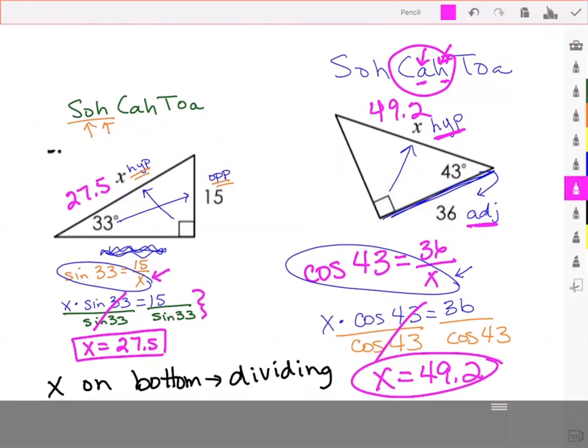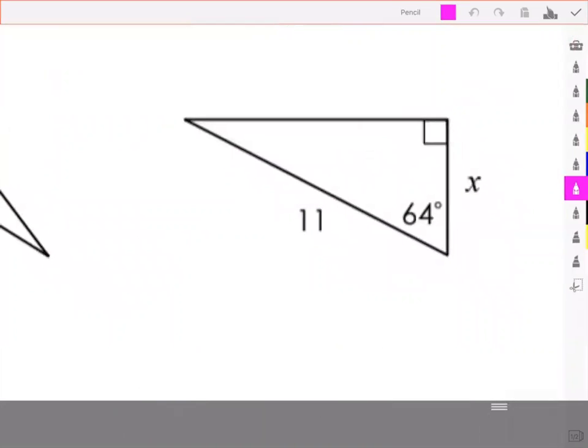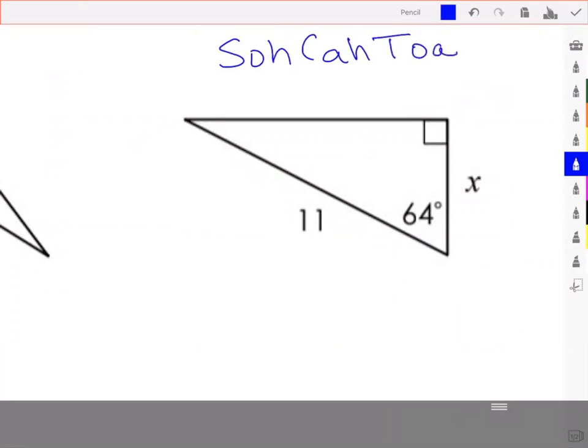Okay? All right, let's do one more. So let's do this one. What information am I given? Let me write my SOHCAHTOA. Across from the right angle is my hypotenuse.